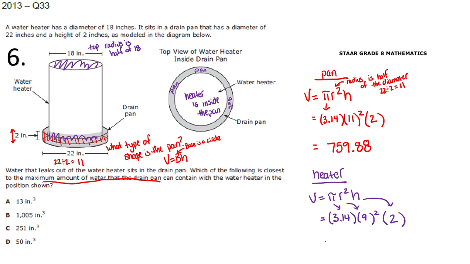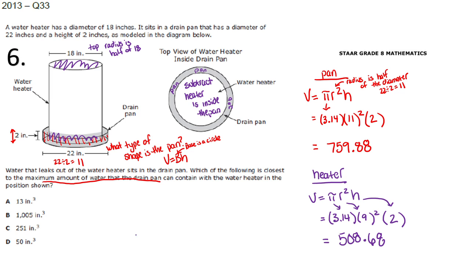So if we figure out this answer, you have 508.68. Okay, to finish off this question, you need to subtract this inside part of the heater because water can't go right there. It only goes on the outside.